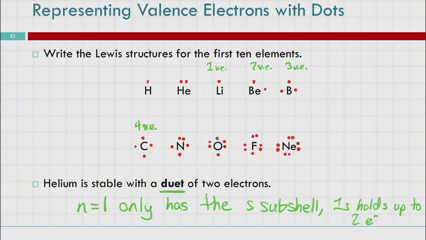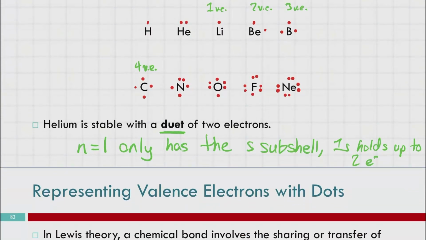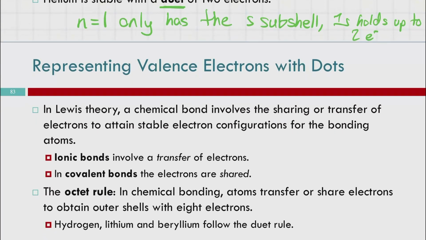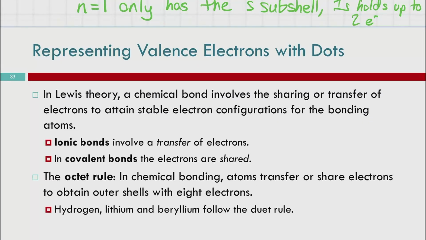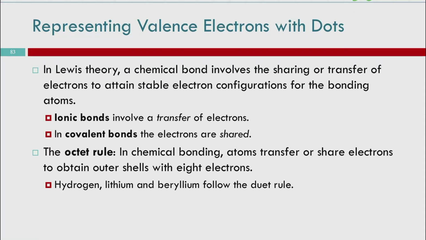That's why we only get 2 electrons. All right, so that's our starting point, our very most basic little bit for Lewis theory.